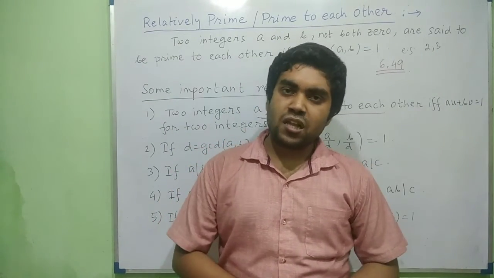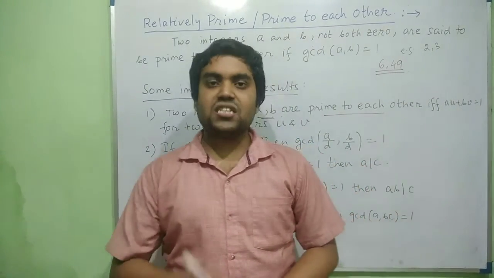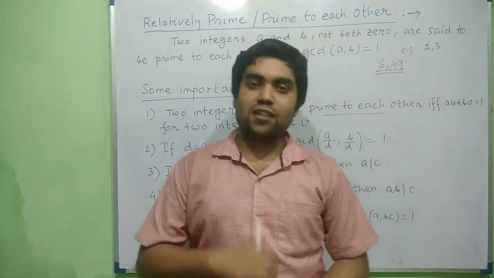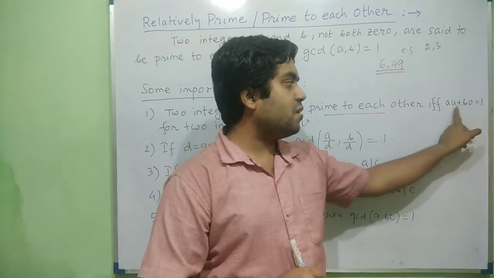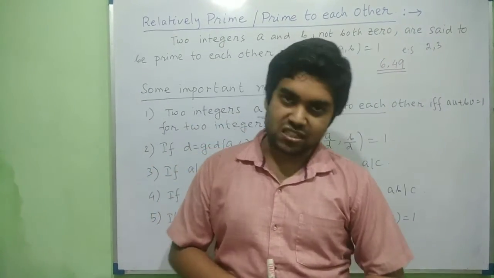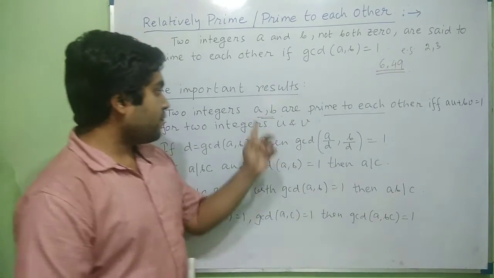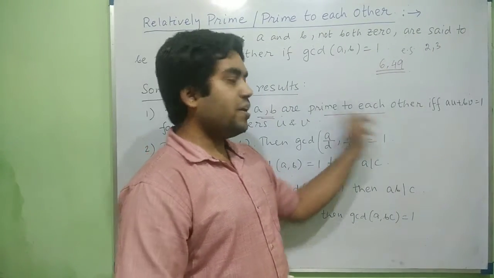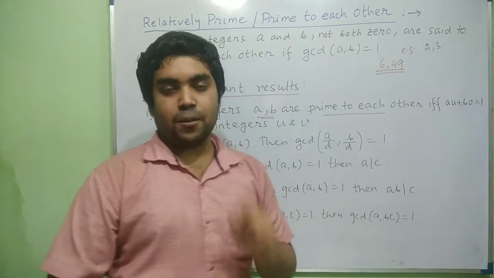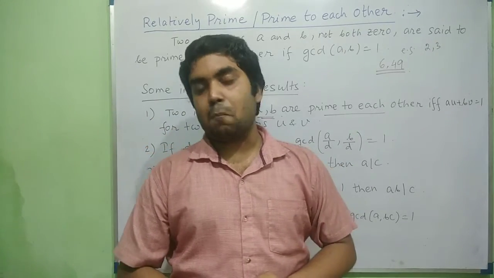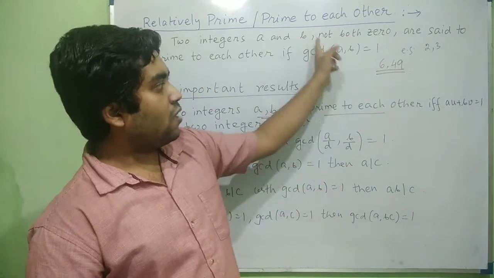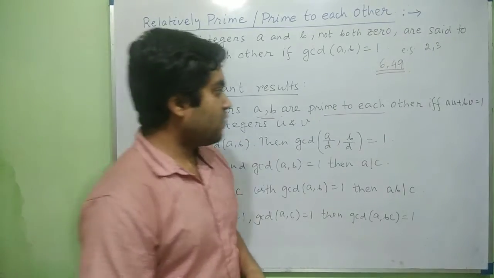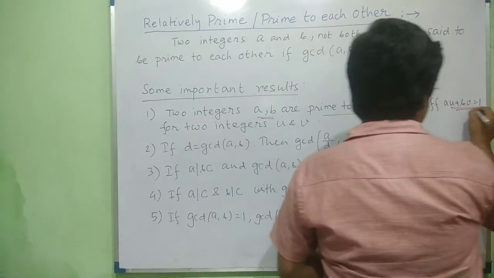How is it possible? Because we know that the GCD of any two integers can be expressed as au plus bv where u and v are some integers. Here the GCD of a and b will be 1 because they are prime to each other, and we know that prime to each other integers must have GCD 1 from the definition. Therefore, au plus bv equals 1.